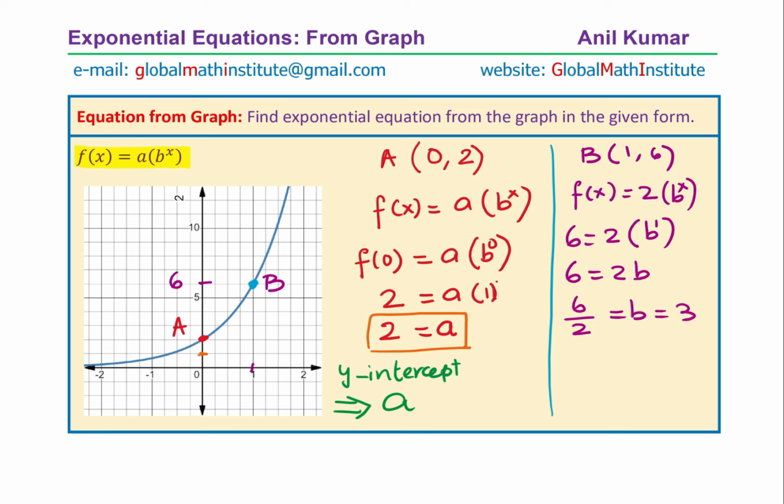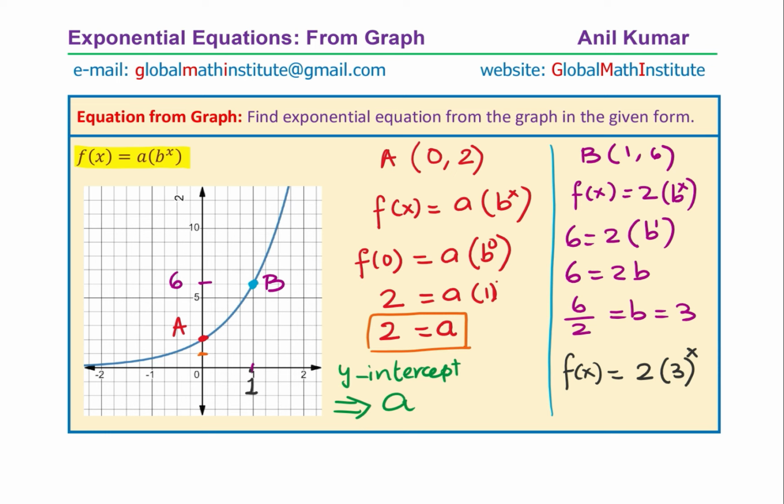So now we have the function. We can write down the function as f of x equals 2 times 3 to the power of x. Makes sense. So to summarize, we found the vertical stretch from the y-intercept and the base from the value at x equals 1. Is that clear to you? So x equals 1 gives us that value.